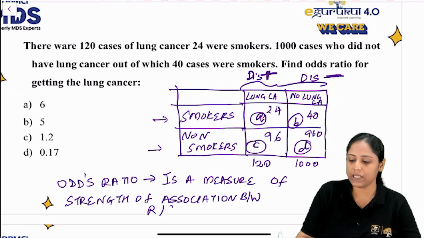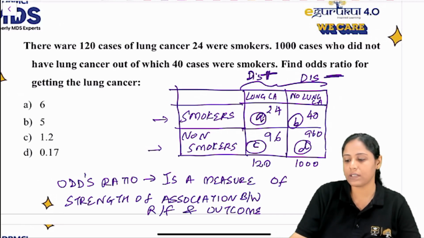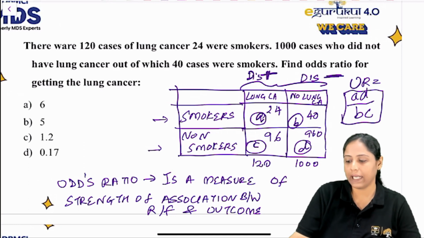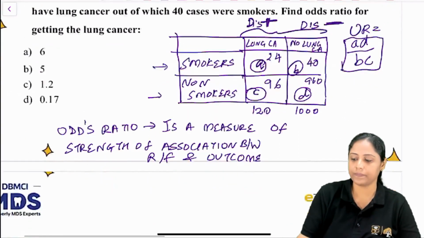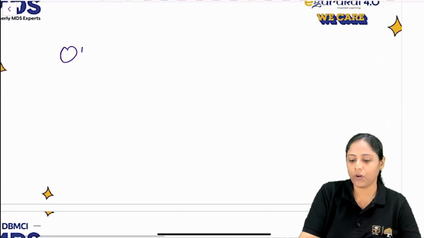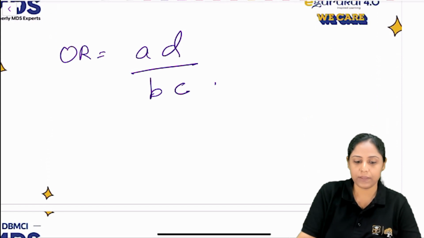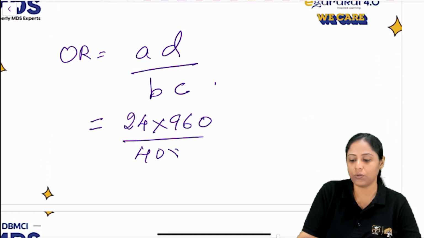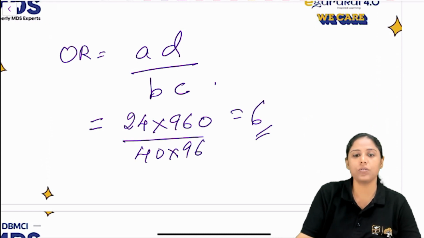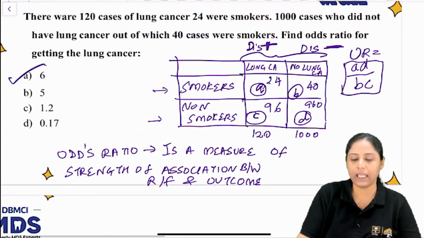And the formula for odds ratio is AD by BC. So our odds ratio will be 24 into 960 by 40 into 96, which is 6. So the right answer here is A.